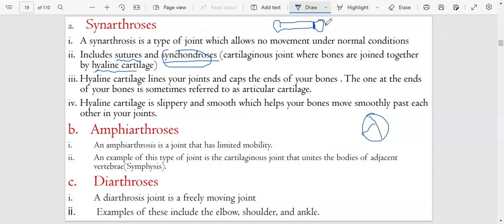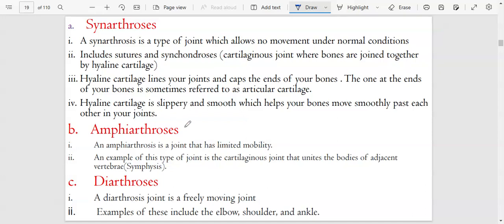At the end of this bone, you are going to find a cartilage there, sometimes also referred to as the articular cartilage. We'll understand more about that, but basically this is what we need to know. So a synostosis joint cannot allow movement. The examples are sutures and also a synchondrosis.